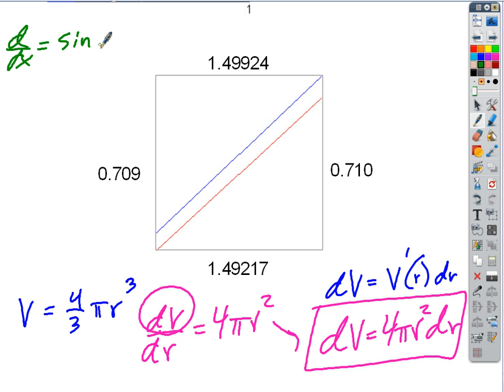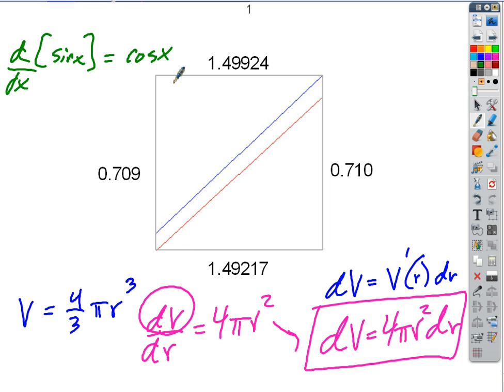The derivative with respect to x of sine x just equals cosine x. So if I multiply both sides through by dx, I get the derivative of sine x equals cosine x dx. That's just the differential form of the derivative of sine x.